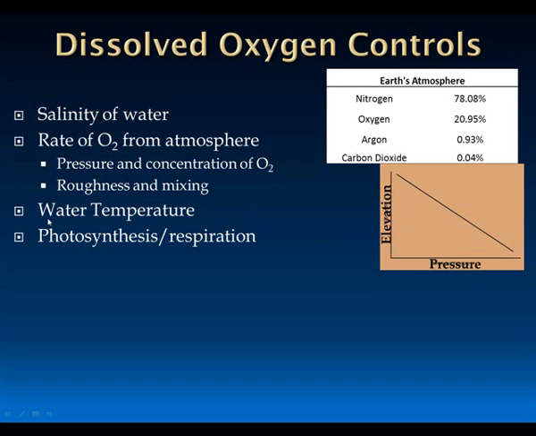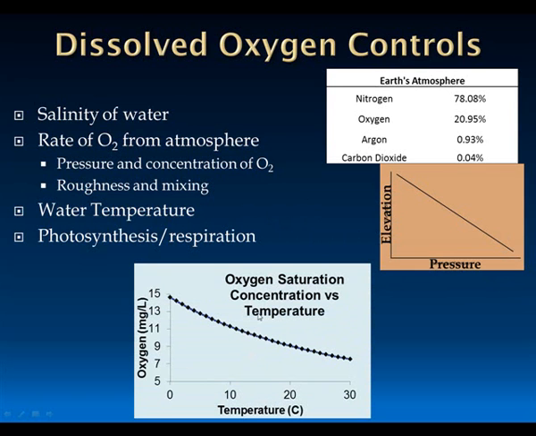we do see that. Water temperature is important, and a lot of you are probably familiar with this, that the amount of oxygen that is possible, the saturation concentration of oxygen in water, decreases with increasing temperature. So this doesn't necessarily mean that you have less oxygen, but overall you can have less.